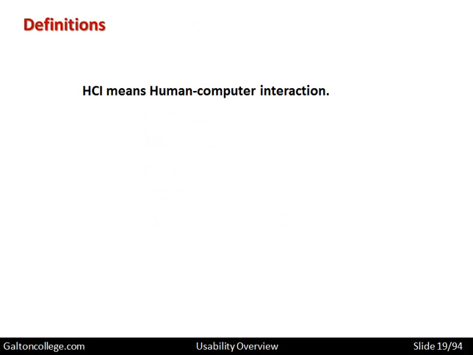Now, some definitions. Well, HCI means human-computer interface, and we refer to HCI from time to time. The human-computer interface is what the customer deals with. The customer sits in front of his or her laptop or tablet or desktop computer, whatever it is.